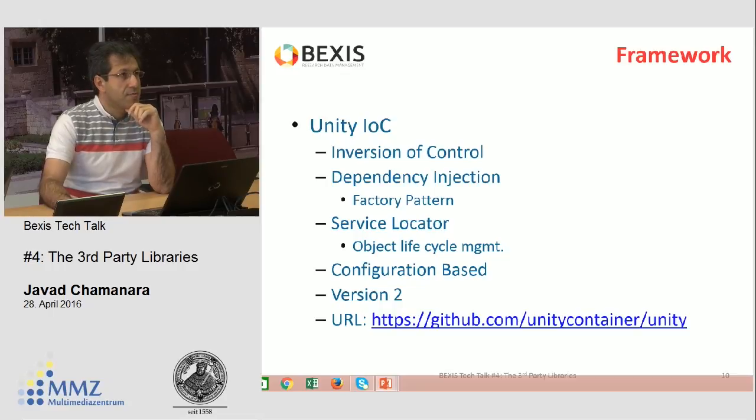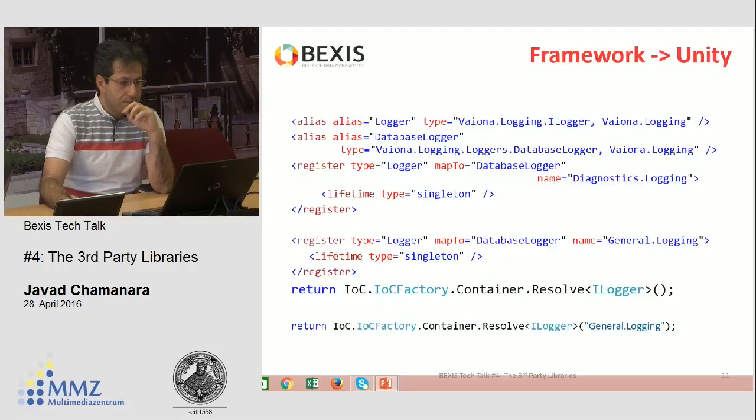Let's see an example of the way that we use it. Look here. We have a logger, which is the interface, and then there is a specific implementation for that logger that is just a database logger. It could also be a file logger or rolling file logger or whatever.